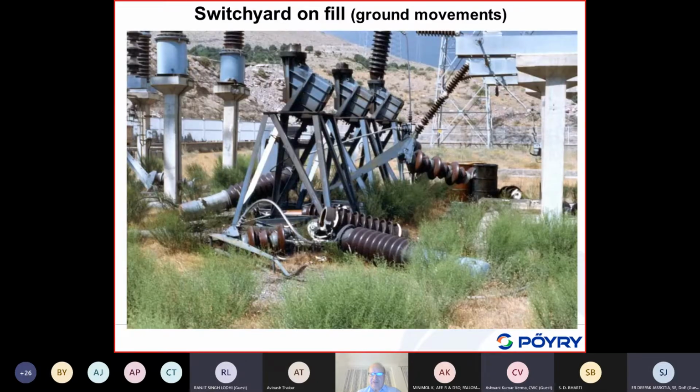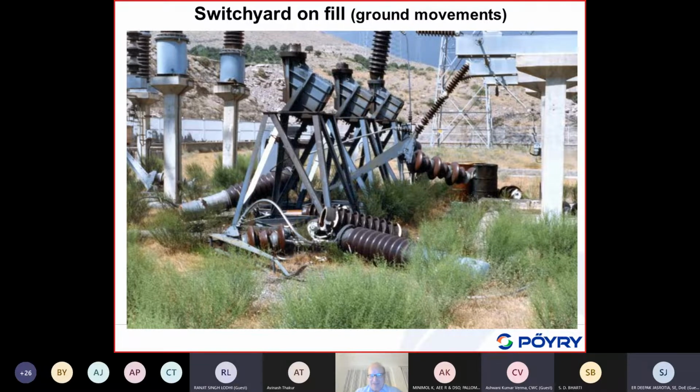Also, the switchyard, I mentioned that already. Switchyards are basically designed by electrical engineers, and I must say the electrical engineers are not experts in earthquake engineering.